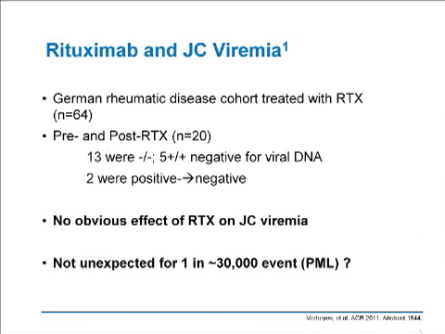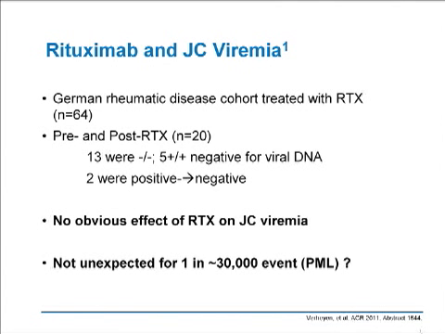Now, the PML question is always interesting, and one group decided to look at the relationship between rituximab and JC viremia, meaning JC virus, the polyoma virus associated with PML. They looked at a German rheumatic disease cohort treated with rituximab, and they had pre- and post-rituximab samples in 20 patients. 13 of the 20 were negative for JC virus, 5 were positive, and 2 were positive and then turned negative.